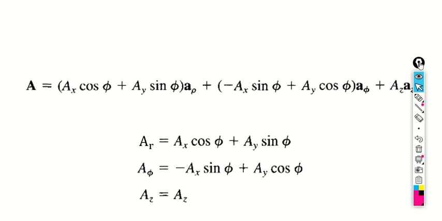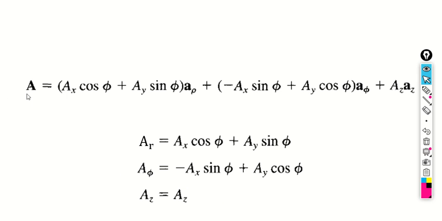So what will be the total vector, the total transformed vector from Cartesian coordinate system into cylindrical coordinate system you are observing? It is Ax cos phi plus Ay sin phi into unit vector. This is my AR. Likewise, I have Ay cos phi minus Ax sin phi into A phi plus Az remains the same, so it will be Az.